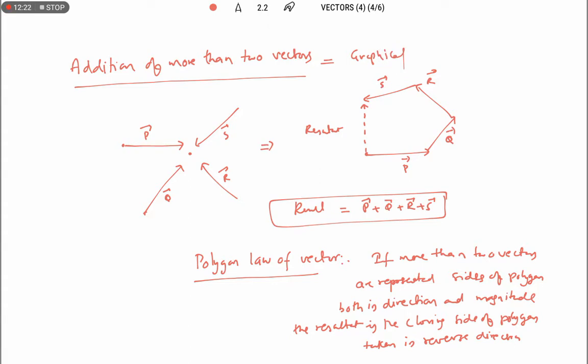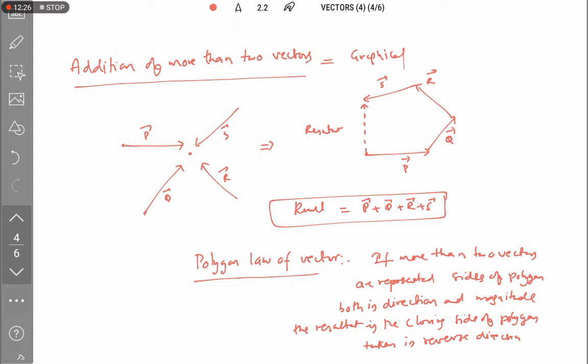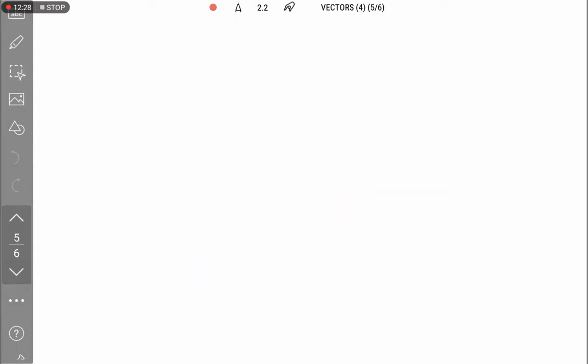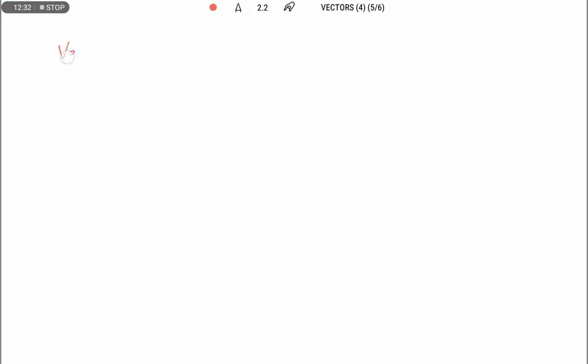Now we are moving to vector addition by analytical method.